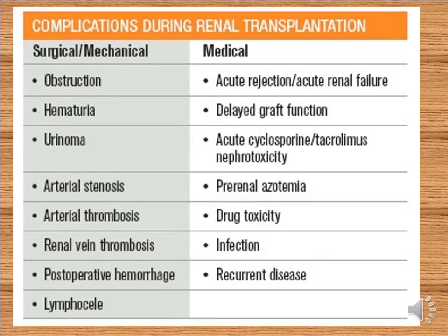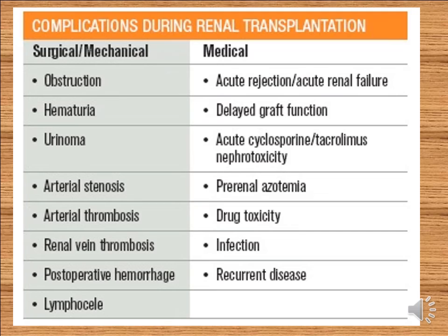The complications during renal transplantation, surgical and medical. Surgical complications lead to ureteric obstruction, hematuria, uremia, arterial stenosis, arterial thrombosis, renal vein thrombosis, post-operative hemorrhage, and lymphocele.